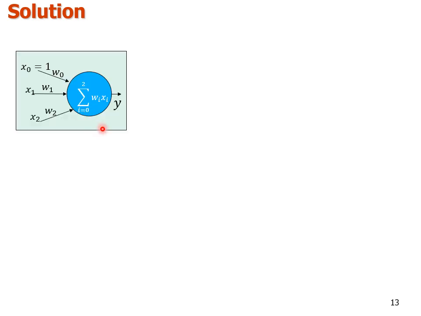Now we have the solution here. Our perceptron can be modeled like this as shown in the figure. Our feature vectors comprise two features each, x1 and x2. These are depicted here as two inputs of the perceptron, and this third input is the special input for the perceptron having x0 equal to 1.